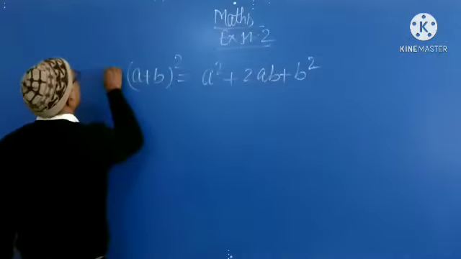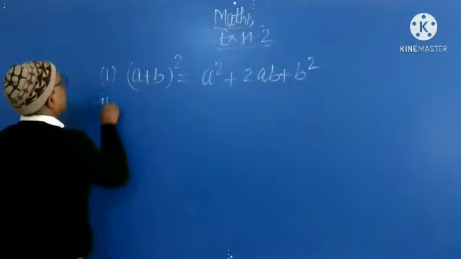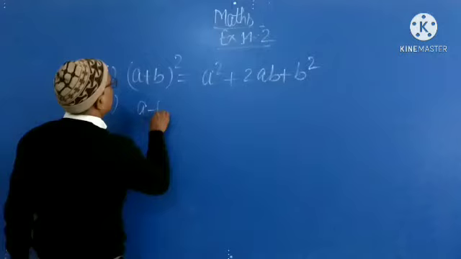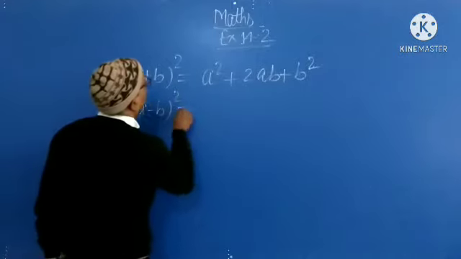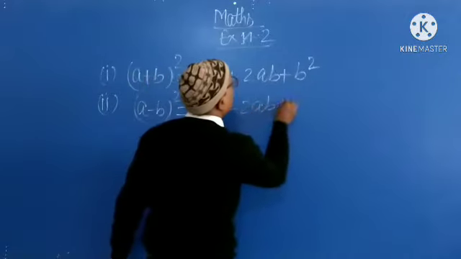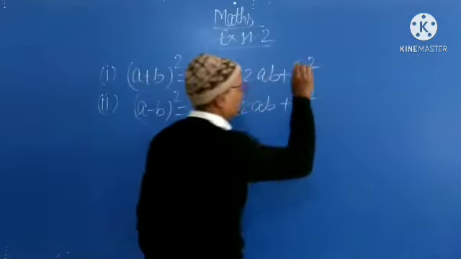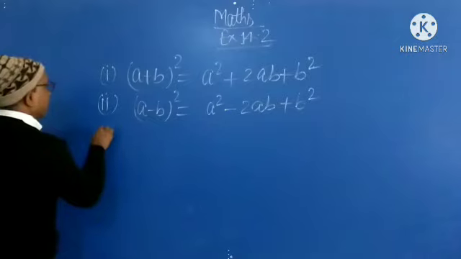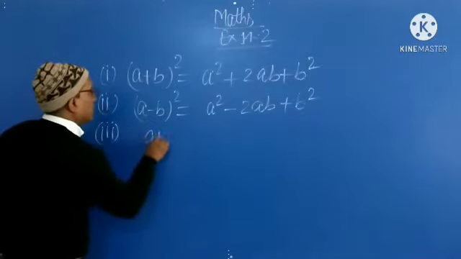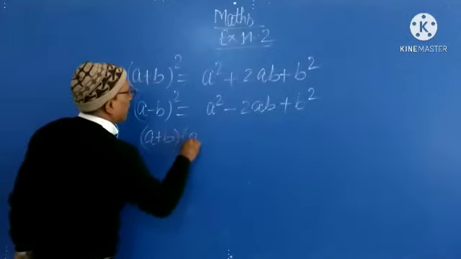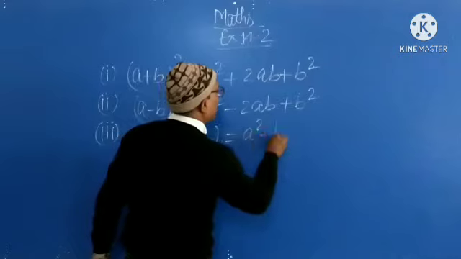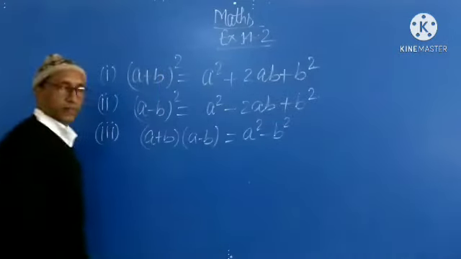Second identity, that is (a minus b) whole square is equal to a square minus 2ab plus b square. Third identity is (a plus b) into (a minus b) equal to a square minus b square.